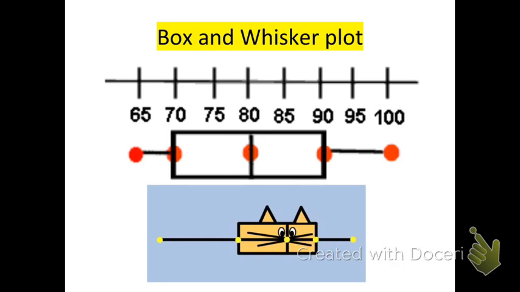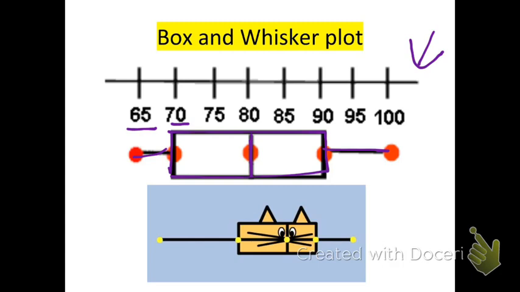All right, so this is an example of what a box and whisker looks like. So you notice that there is a number line here, and then there are numbers that go along with it down here. And the box and whisker looks like this. It's usually above. This one is below the number line. But there's a box in the center, and it has 2 lines going out to the ends, which we call whiskers. That's where the idea comes from.